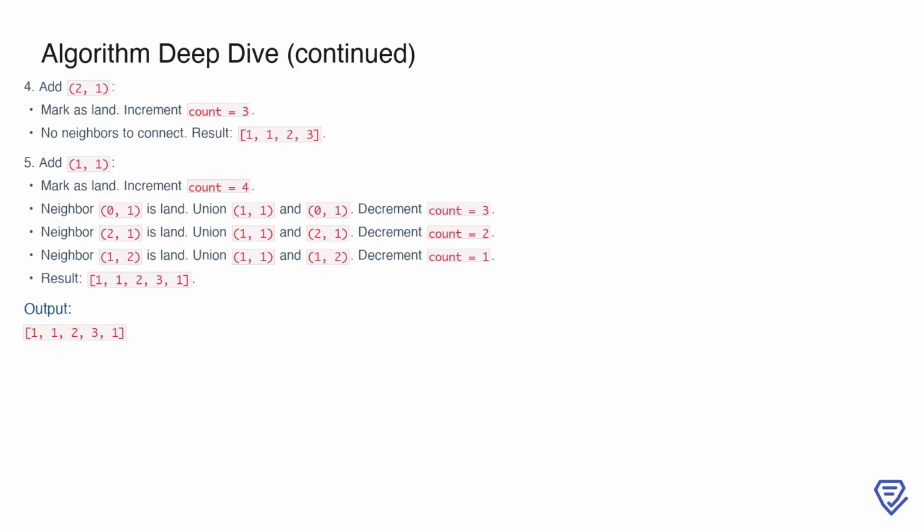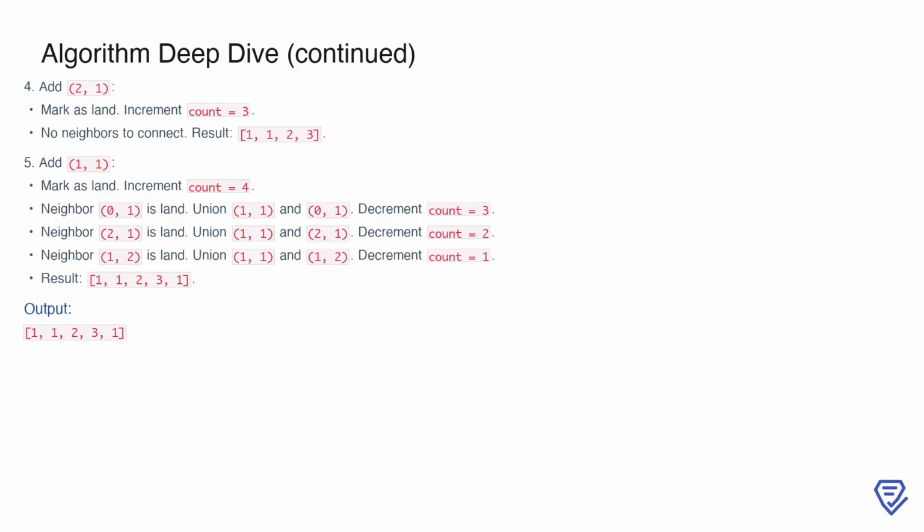Finally, we add [1,1], marking it as land and incrementing the count to 4. This cell has multiple land neighbors: [0,1], [2,1], and [1,2]. We perform union operations to merge these islands, reducing the count by 1 for each merge, ultimately bringing it down to 1. The final result is [1,1,2,3,1].